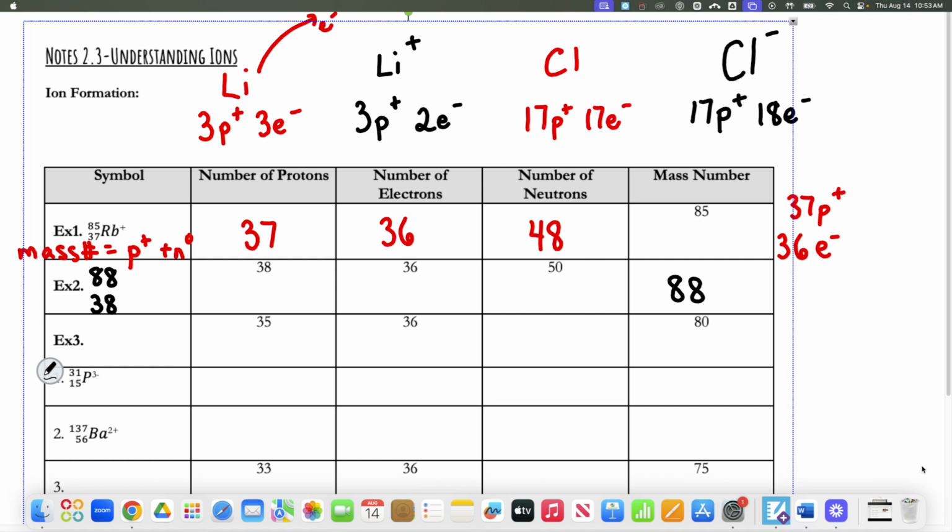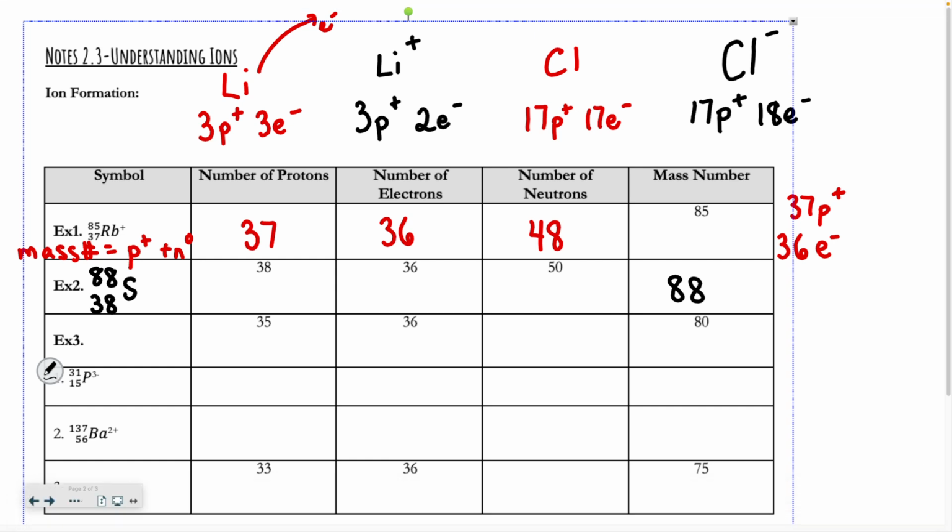And then I look at the periodic table and I see that strontium has 38 protons. So I'm going to write strontium right here. And now I look and I see I have 38 protons and I have 36 electrons.